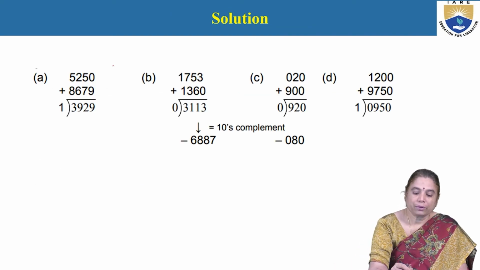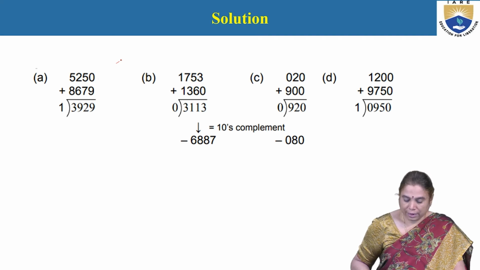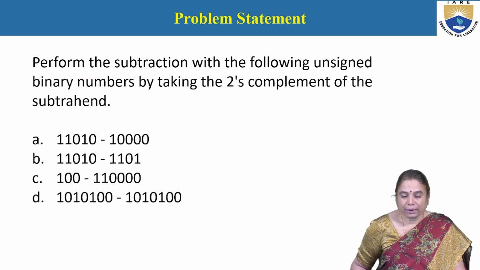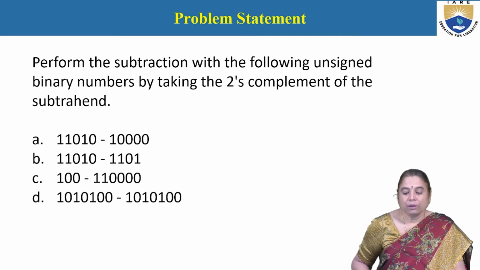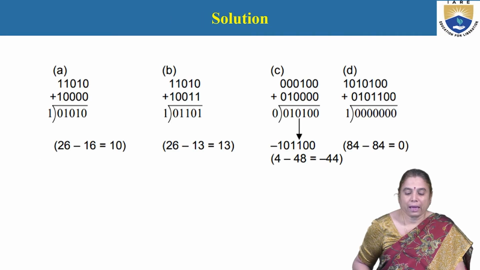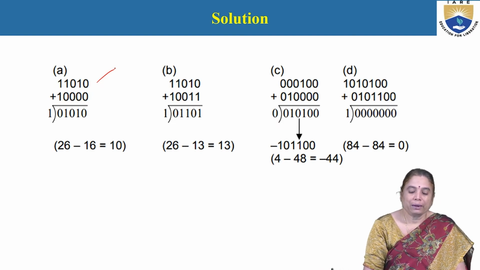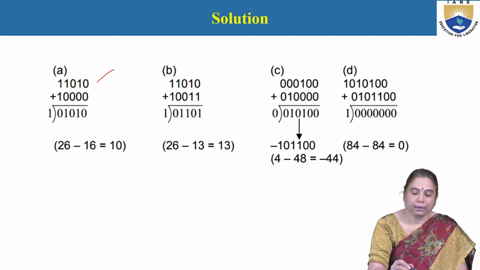So this is the first number, and for the second number the decimal equivalent can be carried out. And here the 10's complement of the subtrahend can be taken. With the 10's complement addition, the subtraction can be carried out. So here the first number and the 10's complement of the second number can be taken.